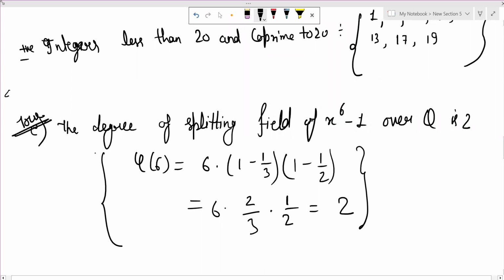Any doubt in this computation? This is just a computation. I just want to show you how to calculate this. Any doubt? The degree of the splitting field is phi of n, valid only for polynomials of the type x power n minus 1. Yeah, this is cyclotomic polynomial theory. I will do this, but let me complete this question first. Today I will do this theory.